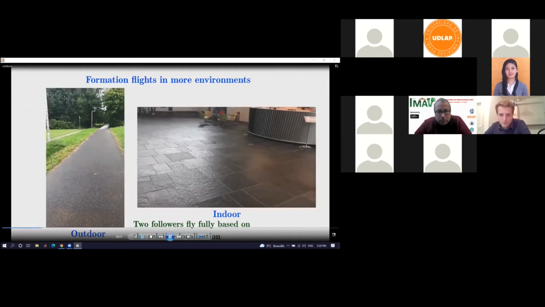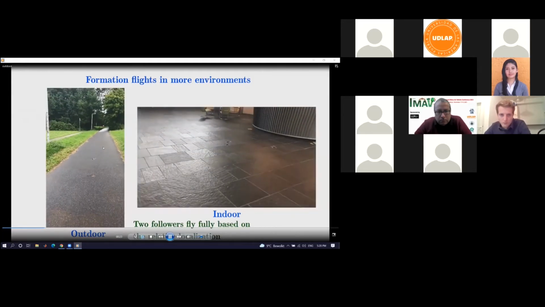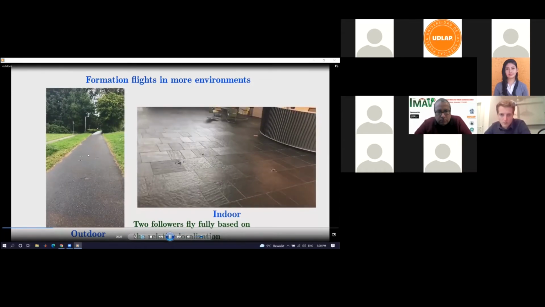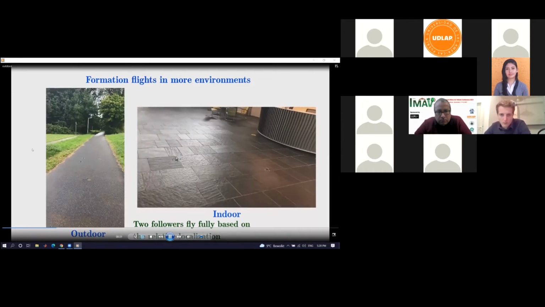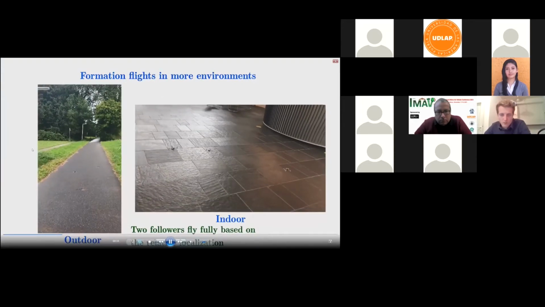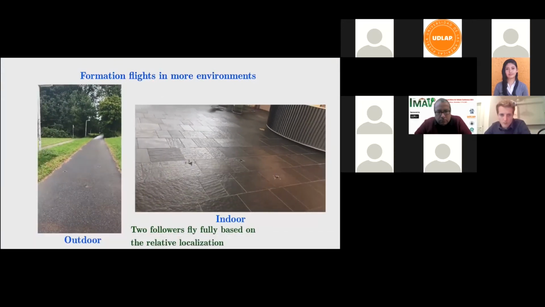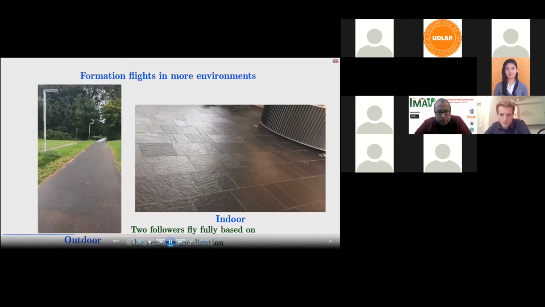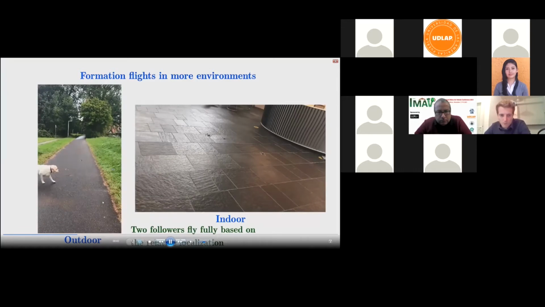Here, as you see, we control the leader by a remote controller, but the two followers estimate the relative positions with respect to the leader with the onboard Kalman filter.